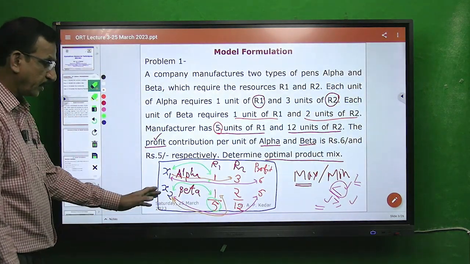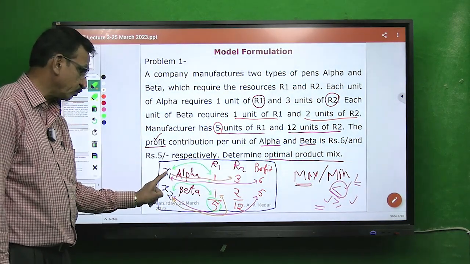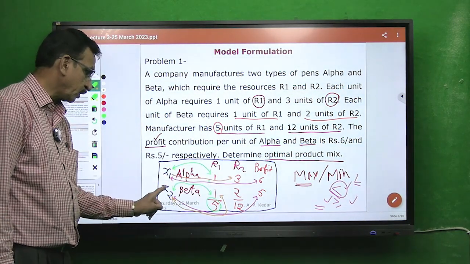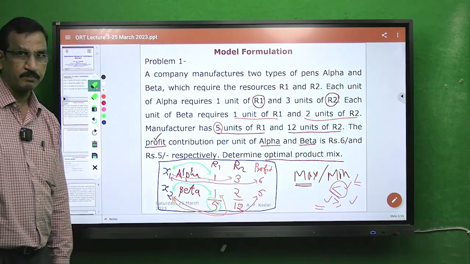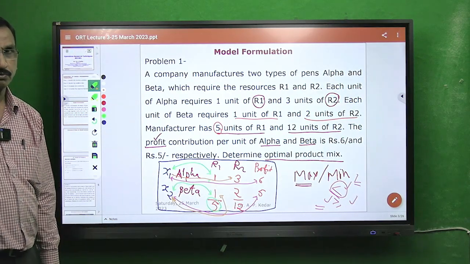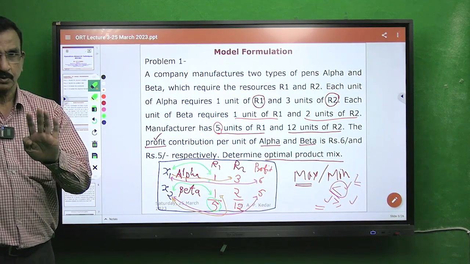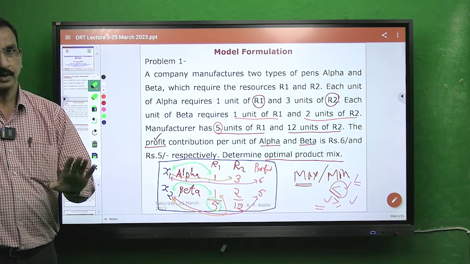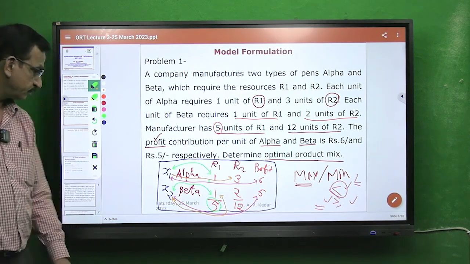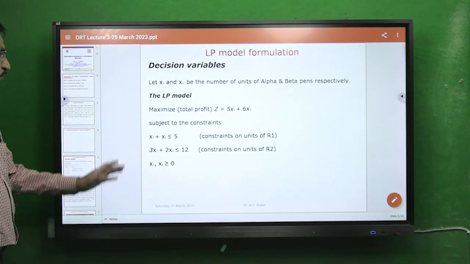So here if I cross multiply, for R2 it will be 3 times x1 plus 2 times x2 less than equal to maximum availability 12. So in nutshell, what we will get here is one objective function, 2 constraints of R1 and R2, and 1 non-negativity condition.